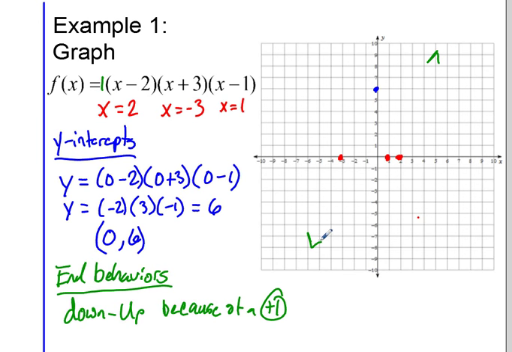So it'll be a graph that looks something like this. Now do know that this is not a perfect graph. It's not a perfect sketch, but it includes all the important pieces that you should understand about graphing any kind of polynomial function.